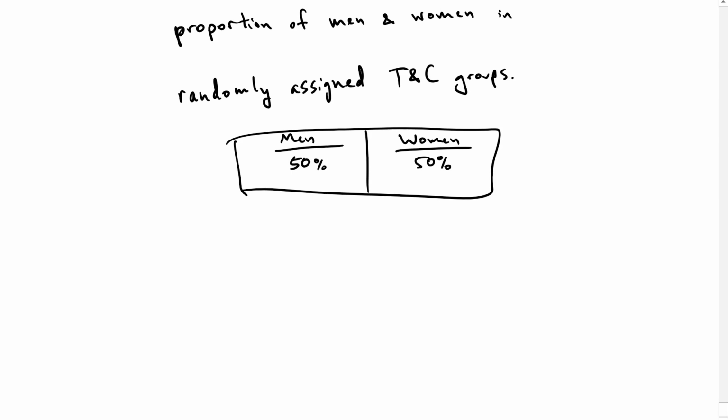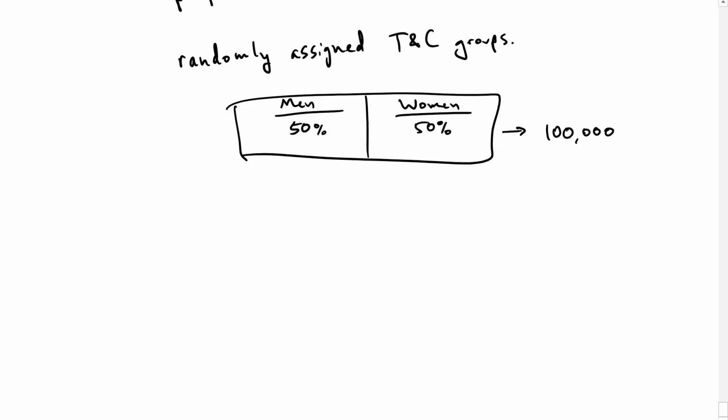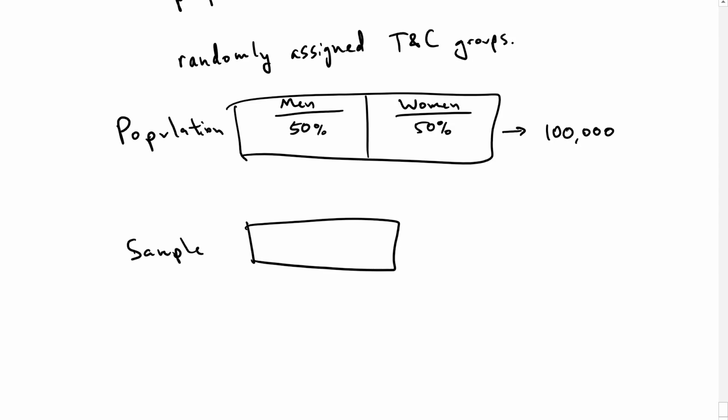And let's say that the population that we're interested in studying is some group of, let's call it, 100,000 people. So that means 50,000 each are men and women. If we take a small sample, this is the population, and this is the sample.